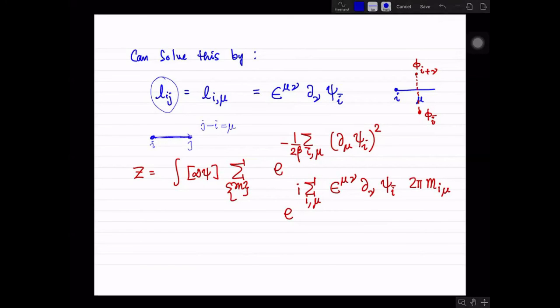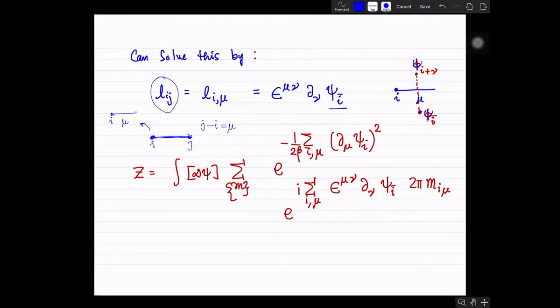This notation is replaced by L i mu. Then I can solve this by introducing a variable psi, living on the dual lattice.